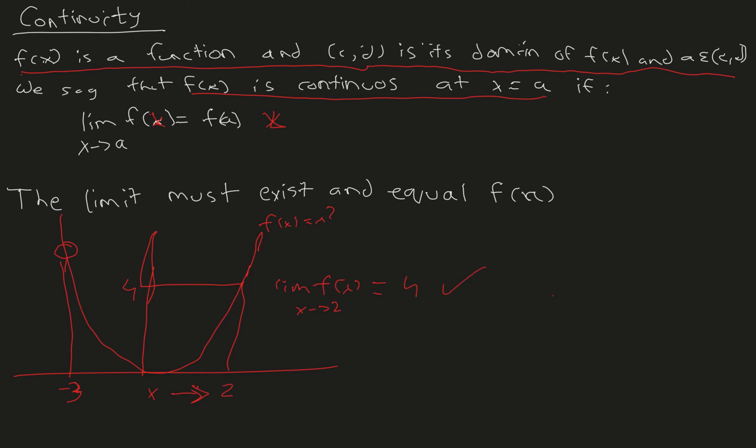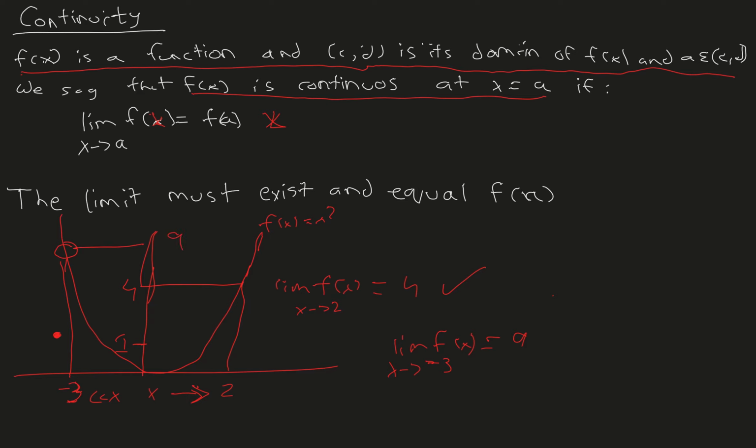But let's consider this point, negative 3, right here. In this weird function, f of negative 3 is defined as 1. As x approaches negative 3, the limit of f of x is 9.